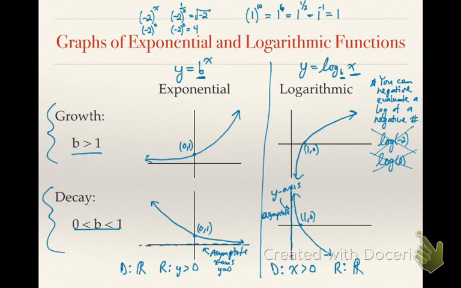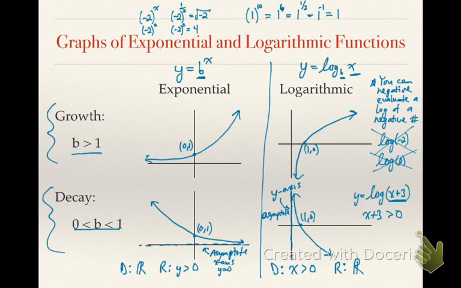So if you're ever asked to find the domain of a logarithmic function, say we have y equals log of x plus 3. We're going to set whatever we're taking the log of, in this case x plus 3, greater than 0.